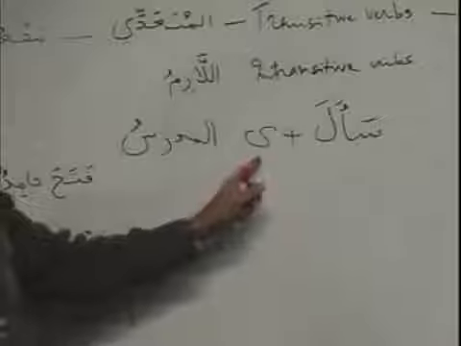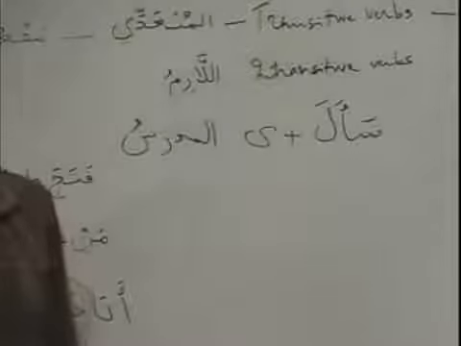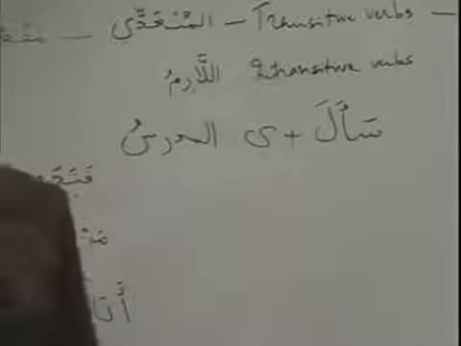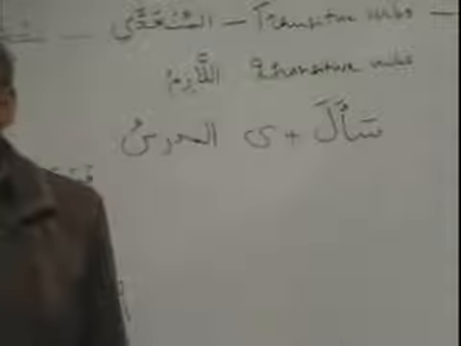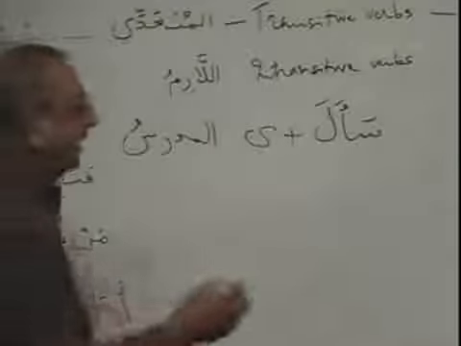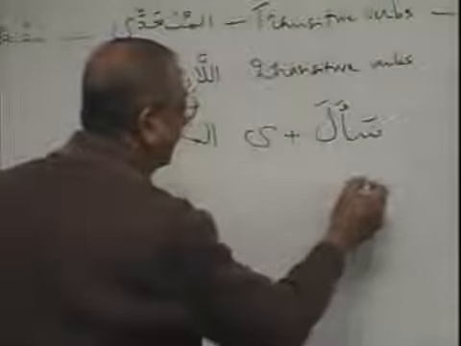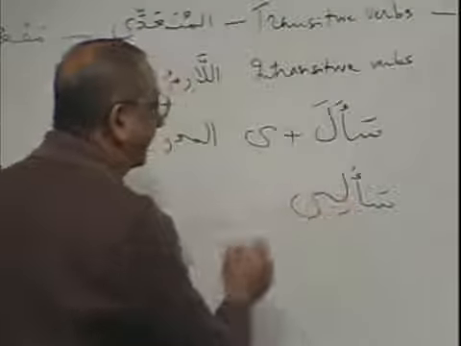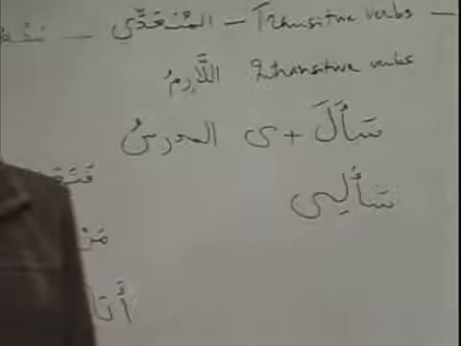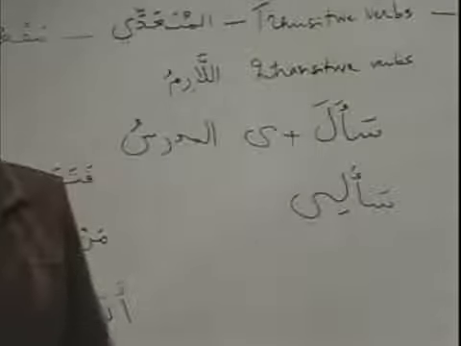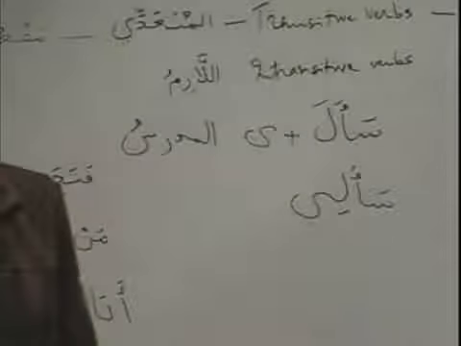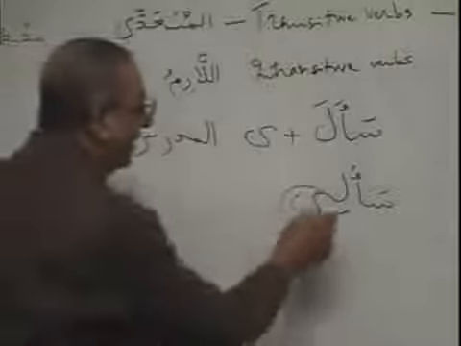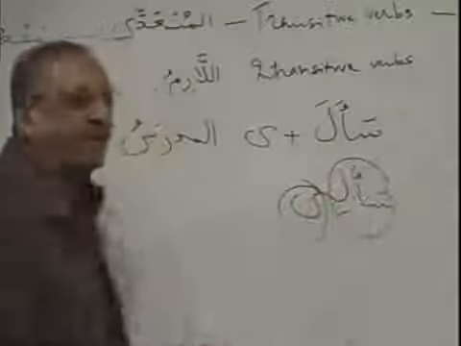When it came to sa'ala and ya mutakallim, you know what is the habit of ya mutakallim? It will give kasra. So if I say it like this, sa'ala, it will become sa'ali. Now brother, there is no such verb. This is your maf'ulun bihi. How can this be a verb?